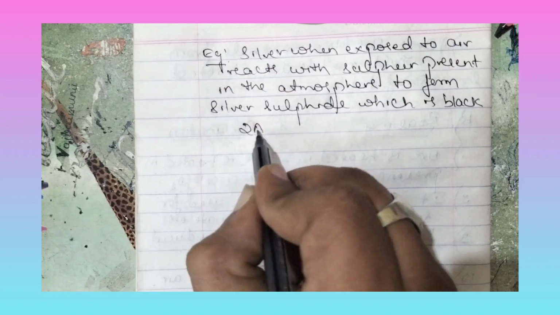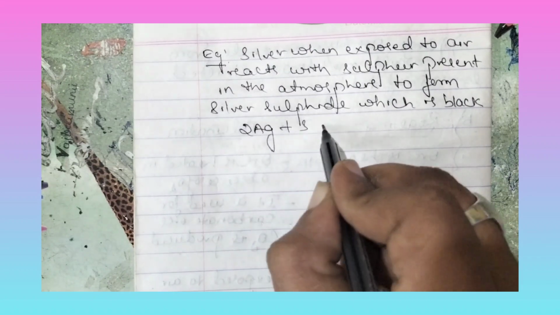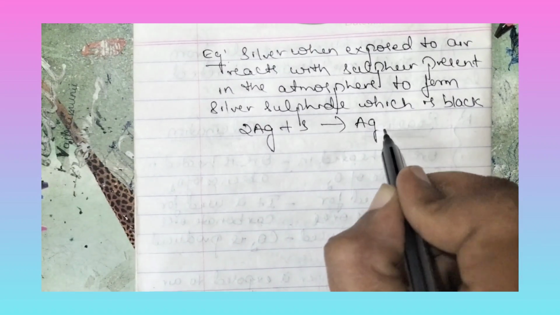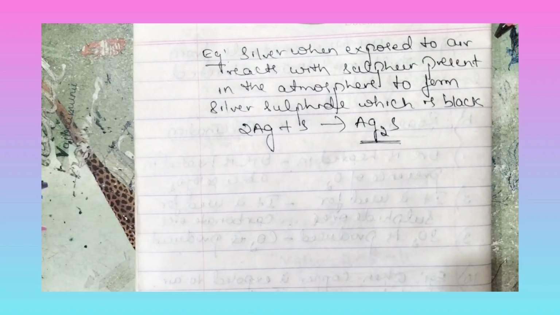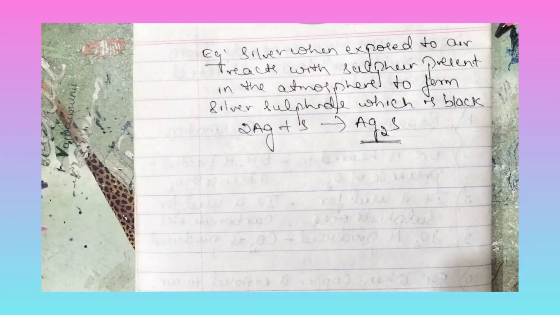So 2Ag plus S gives rise to Ag2S. This Ag2S is silver sulfide, which is black in color.